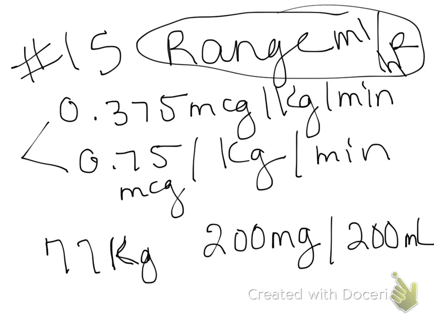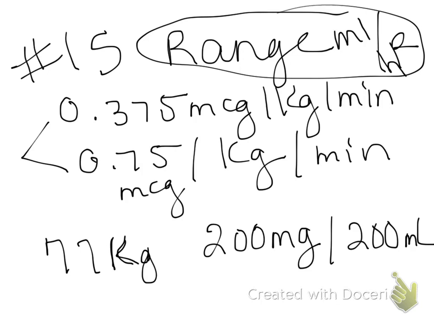So I wrote down just some numbers as I'm reading the question. A provider orders this drug, milrinone, IV drip, to begin at 0.375 micrograms per kilogram per minute, and the max dose would be 0.75 micrograms per kilogram per minute. So that's your range.